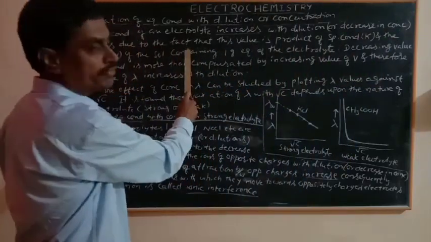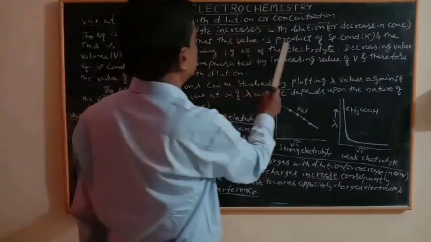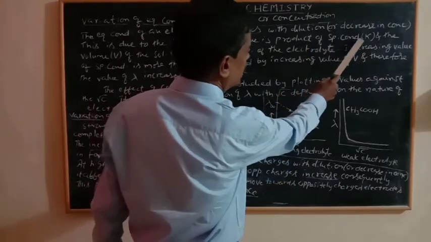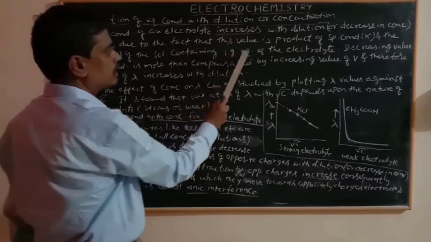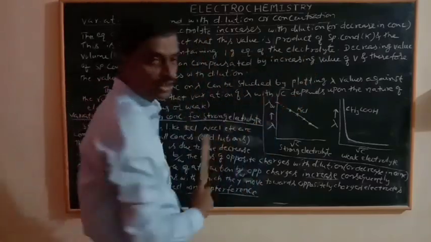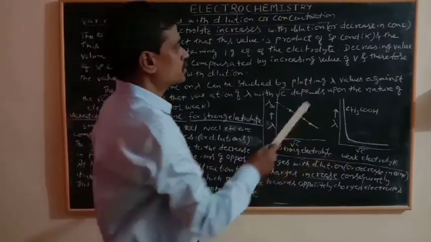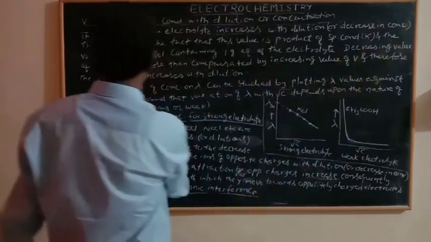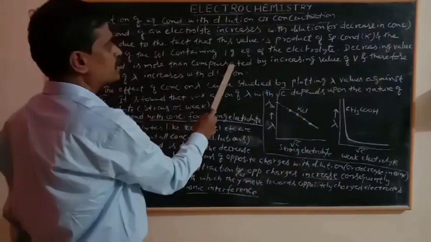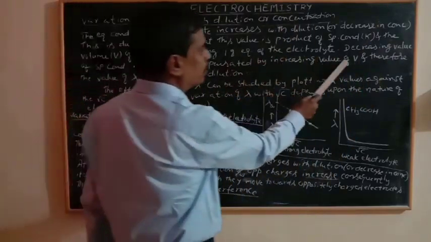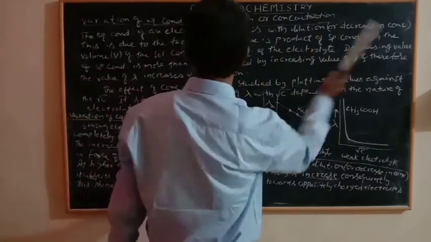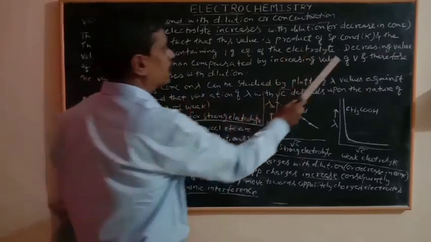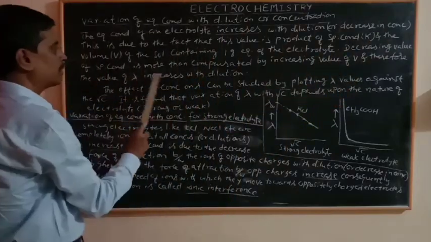This is due to the fact that lambda is the product of specific conductance kappa and the volume V of the solution containing 1 gram equivalent of the electrolyte. The decreasing value of specific conductance is more than compensated by the increasing value of V, and therefore the value of lambda increases with dilution.